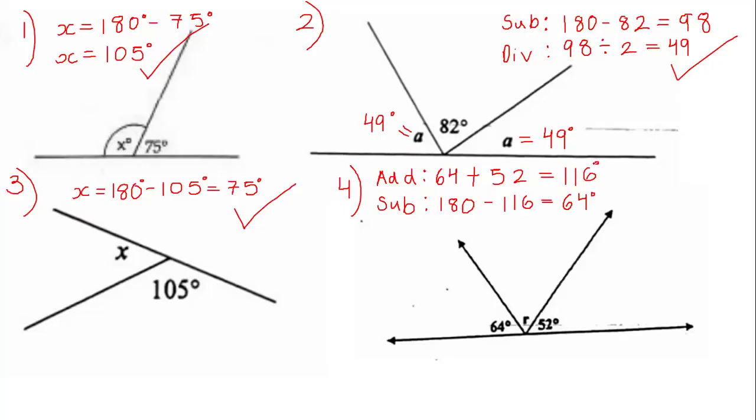64 degrees. Okay, good. So the answer for R must be 64 degrees. A is 49 degrees.